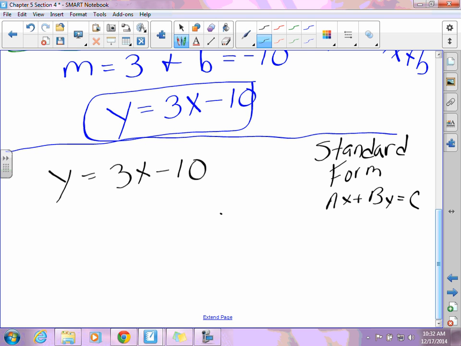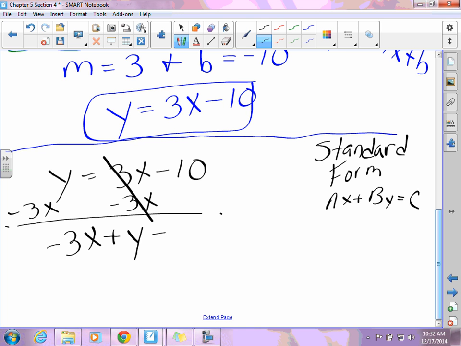And that cancels. So I get what? -3x plus y equals -10. Okay, now, does x come first? And then my y? And then an equals? And then a number? Yes, but I'm going to tell you we got a problem.